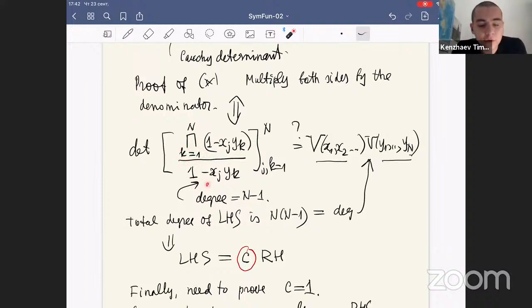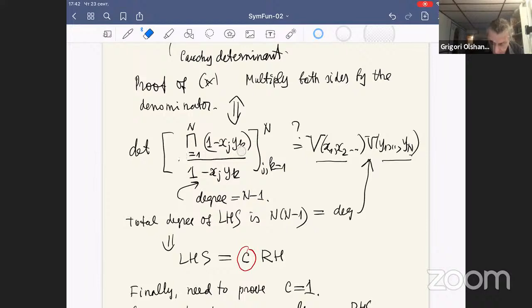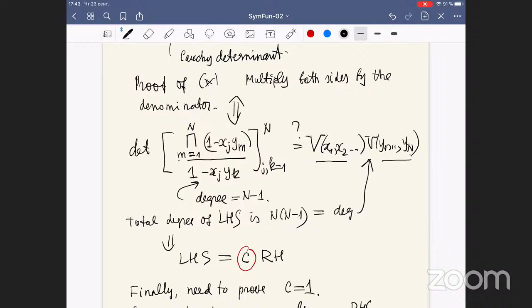Yes, we have k in the product and we have k as the index in the matrix. I see. You are completely right. Thank you. This is a bad notation. I understand now. Thank you very much. Okay, now it's clear? It's okay now? Thank you.